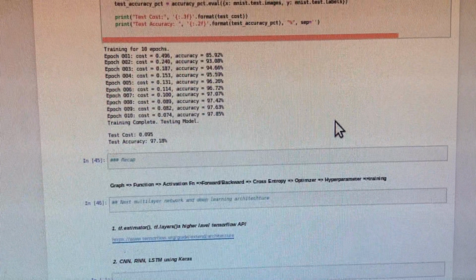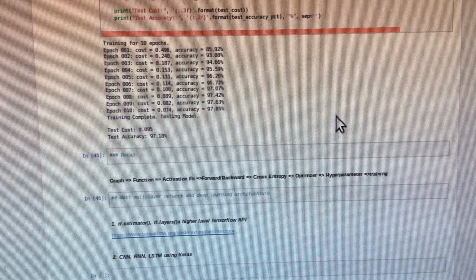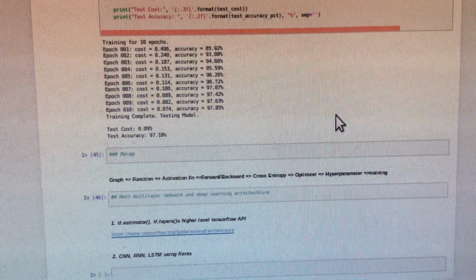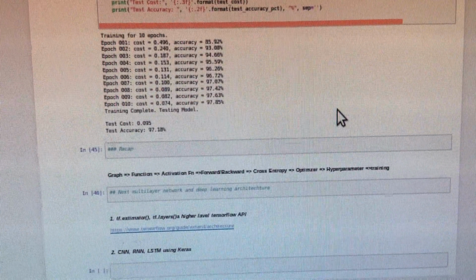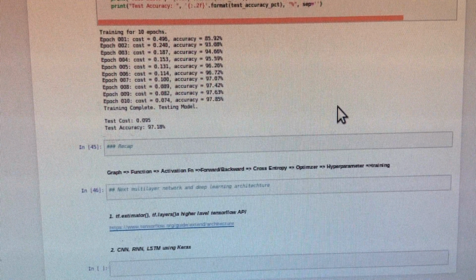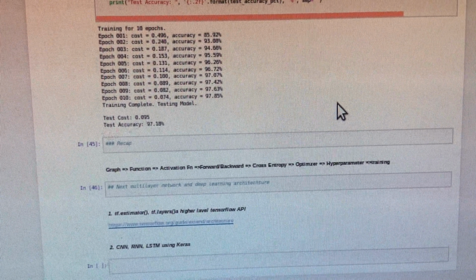Next, we will be running this network for training. Before training, we will assign the hyperparameters. The parameters are already assigned, so now we will assign the hyperparameters and we'll train.